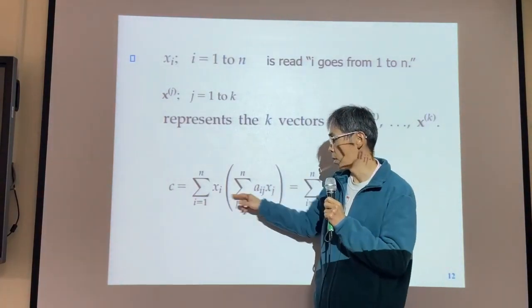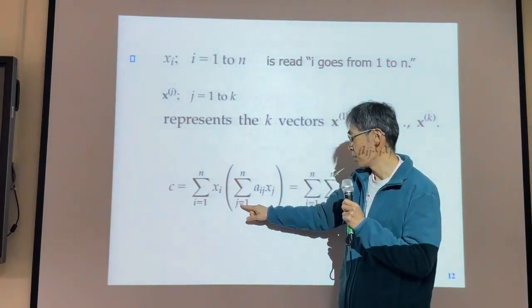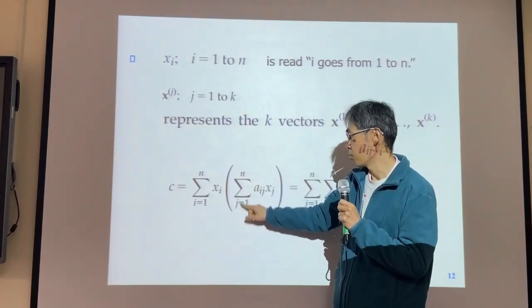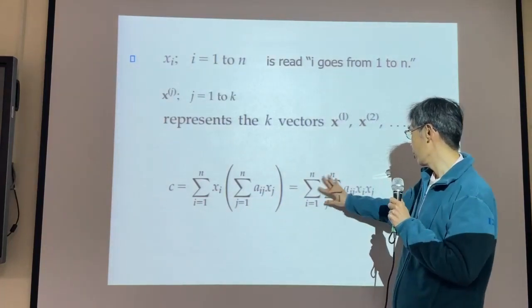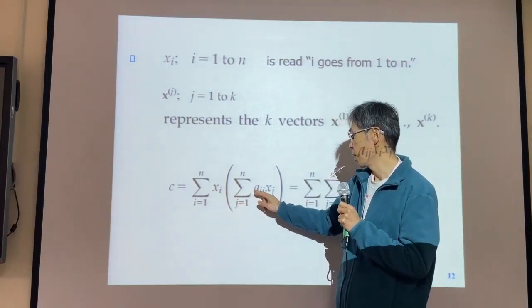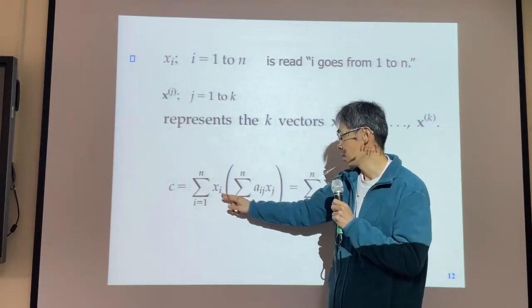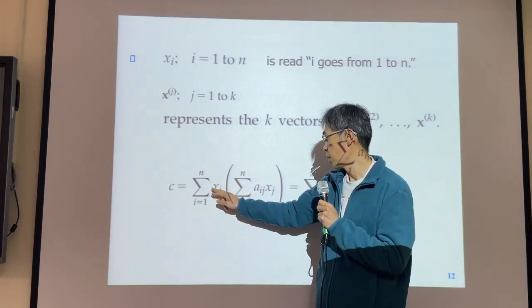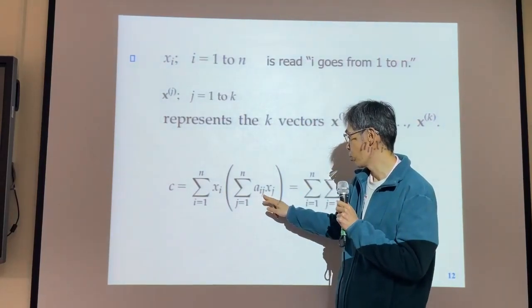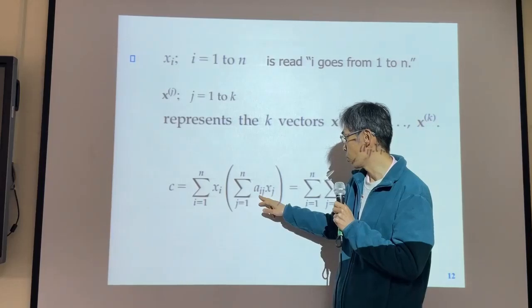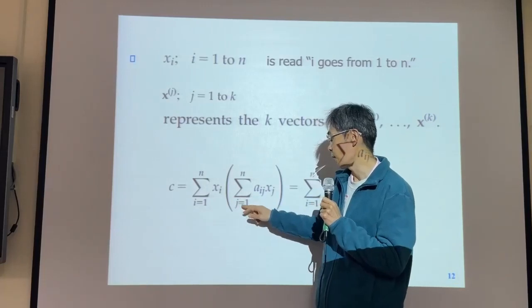You can just use this one, for i from 1 to 2 and j from 1 to 2.